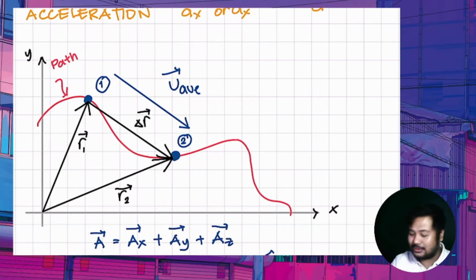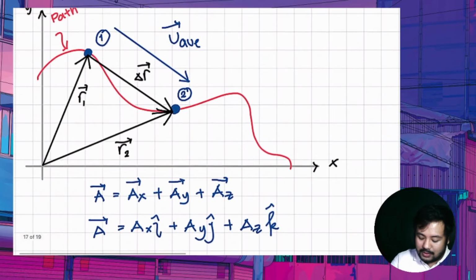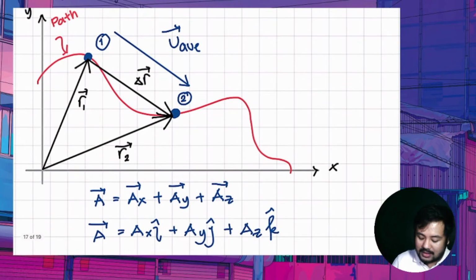And for us to take note of these positions, it is better for us to use vectors. So, just a review, we have here vector A, we have the x and y and z components, but we could denote that using unit vectors. So, we could have here ax i hat, ay j hat, and az k hat. Just take note that I don't have the arrows anymore above ax, ay, and az because I have the unit vectors already. Okay?